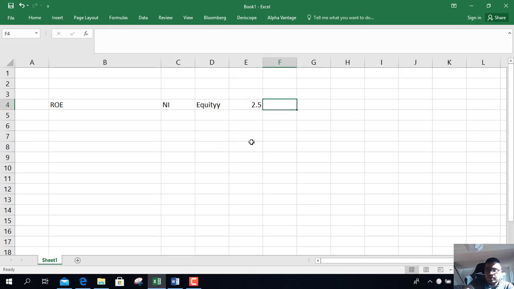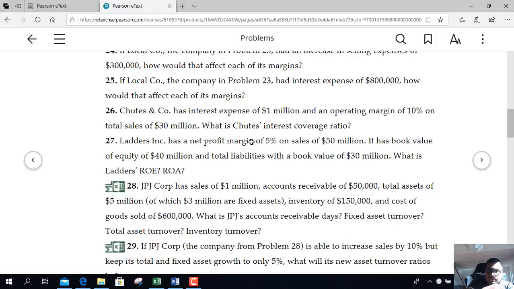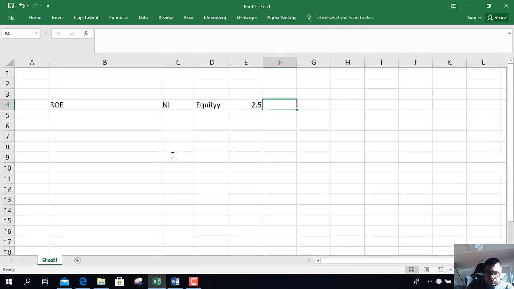So 2.5 million will be net income. Book value of equity is given to you. Book value of equity is 40 million. So it is 2.5 divided by 40, 6%.